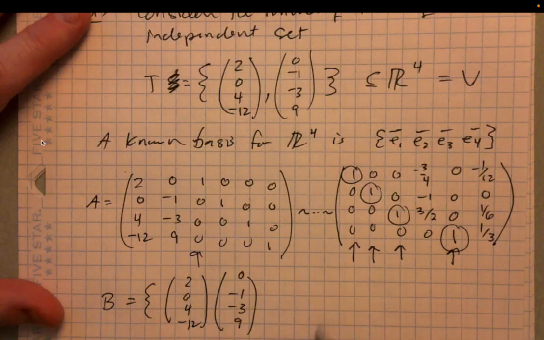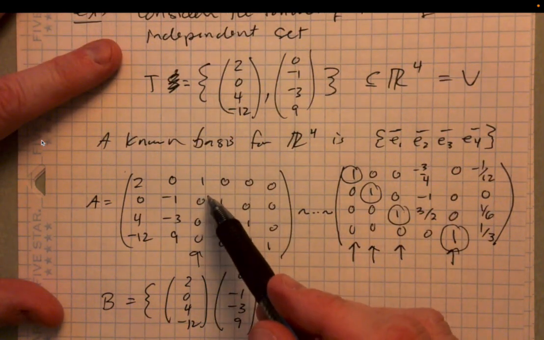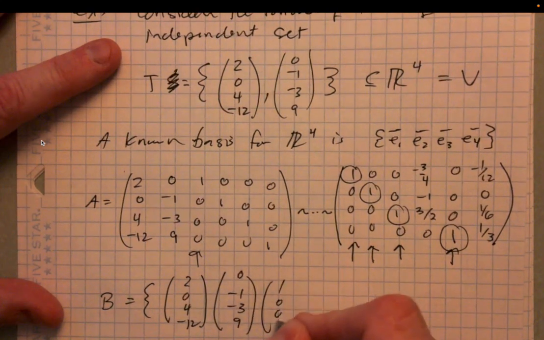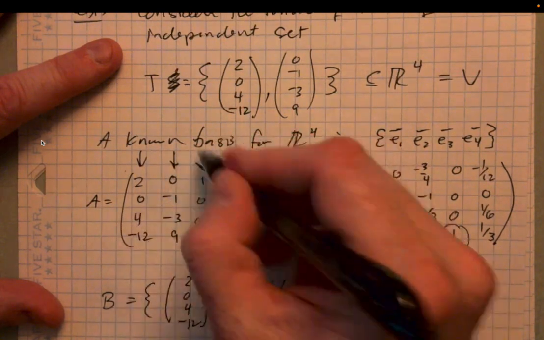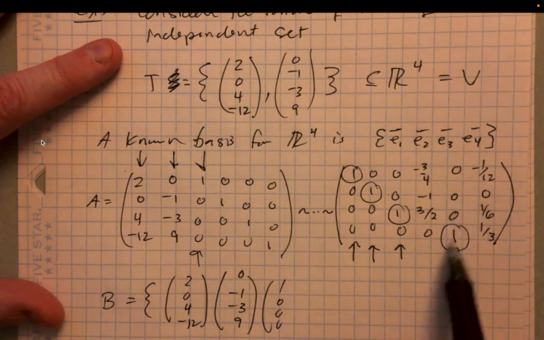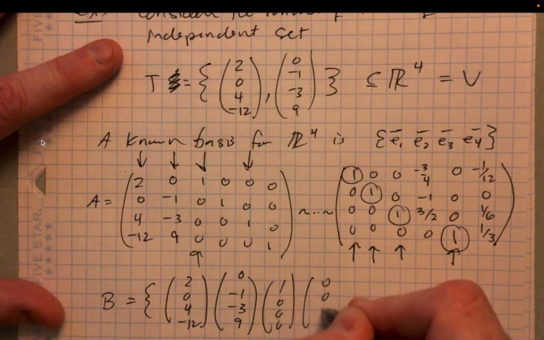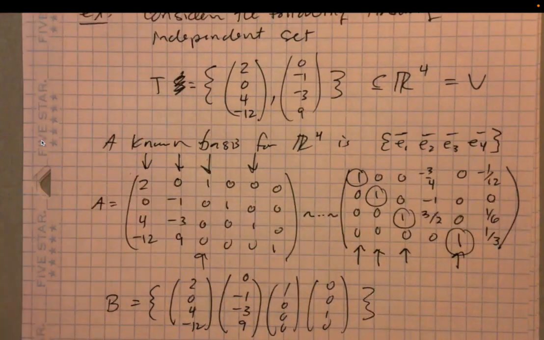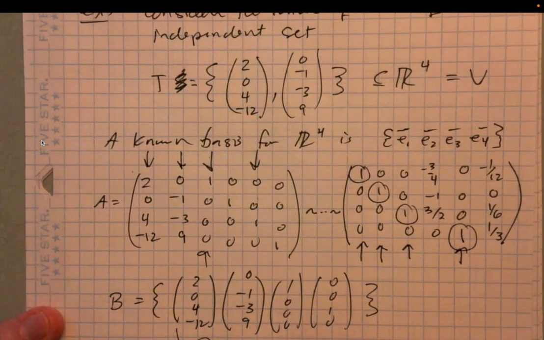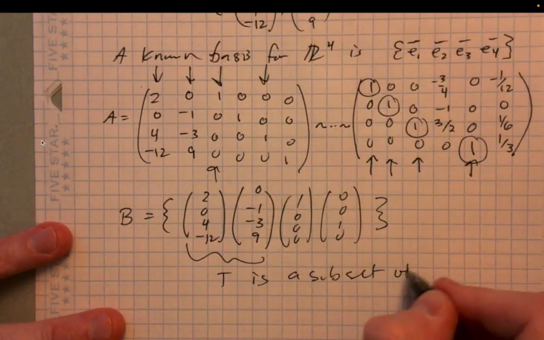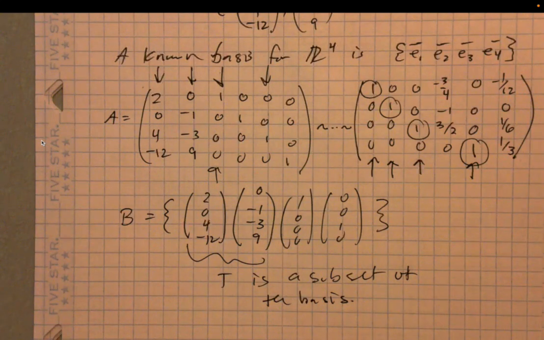The other vectors needed to form the basis are (1, 0, 0, 0), we need this one, and then the other vector is (0, 0, 1, 0). And so this is my basis, and you can see T is a subset of the basis, as desired. That's what we were after.